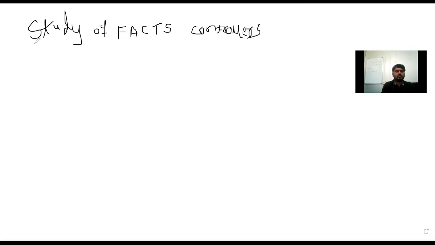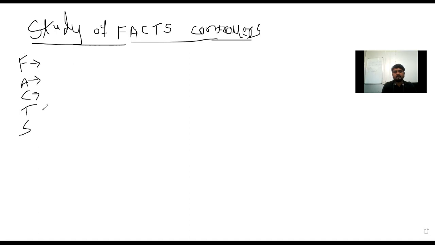Before starting this one, the controllers and all the things, first we should learn what is meant by FACTS. So consider this as experiment number 3, study experiment.